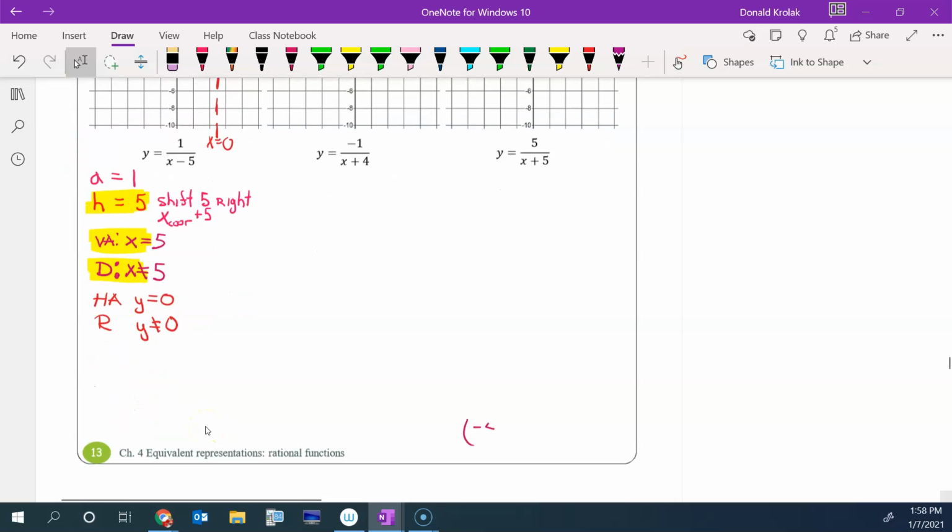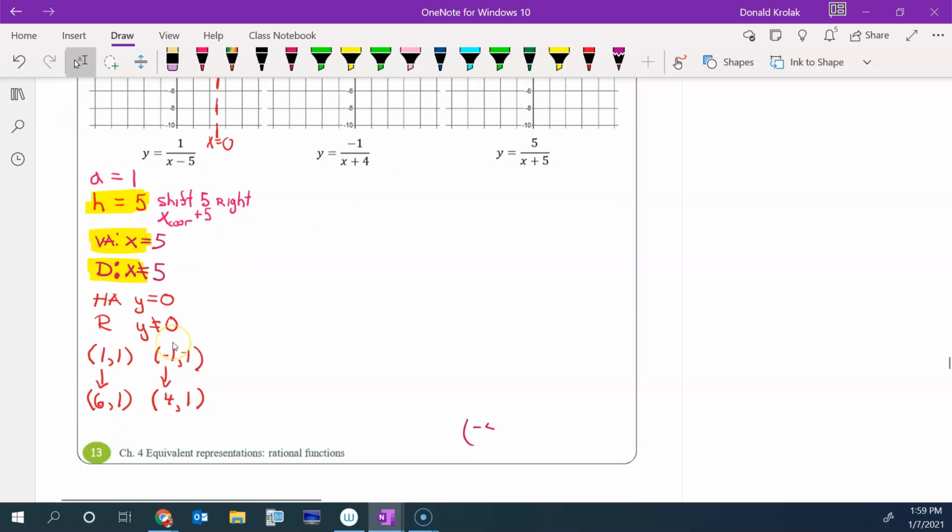Okay, so right down here on my mother function, 1, 1. Okay, and now I just take the x coordinates and I add 5 to them. So this guy is going to turn into 6, 1. This guy is going to turn into 4, negative 1. And those are my new points.